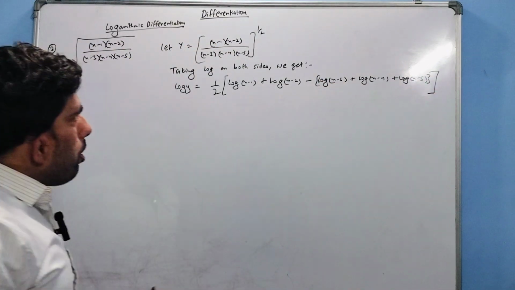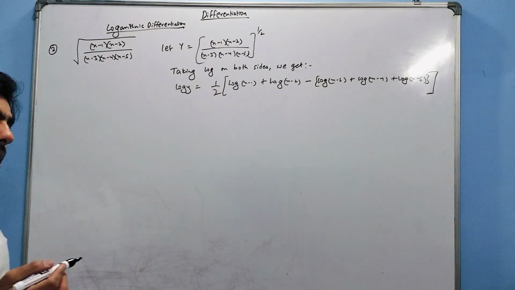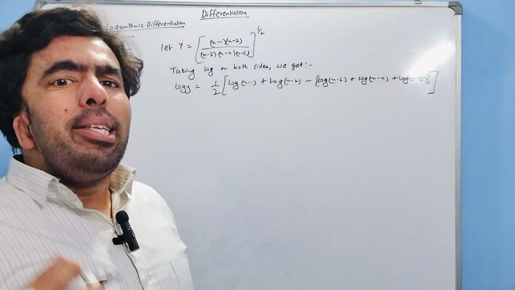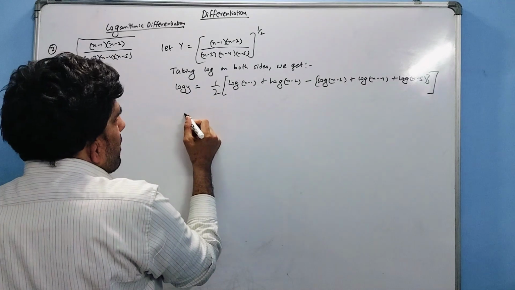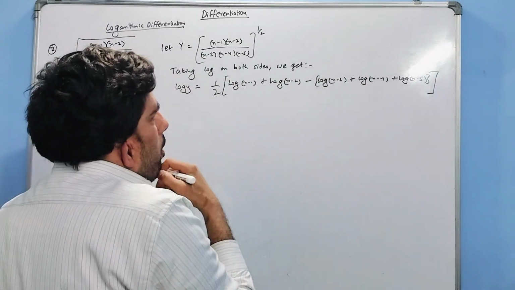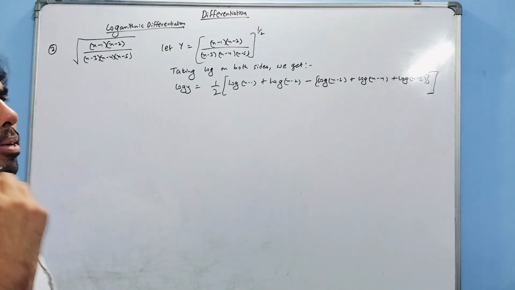Okay, we all know that log a upon b will be log a minus log b. So now what we can do here, okay, let's differentiate it directly.